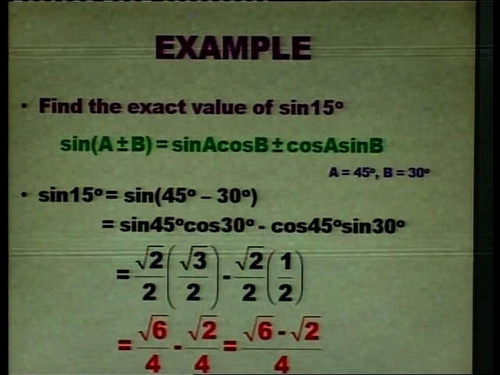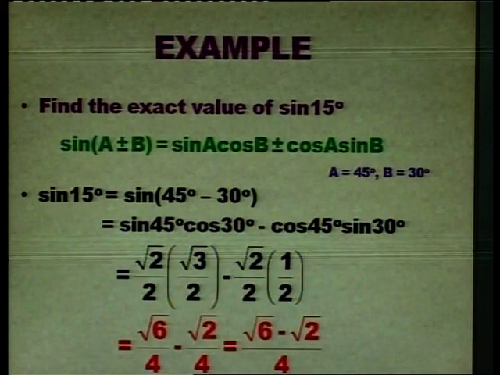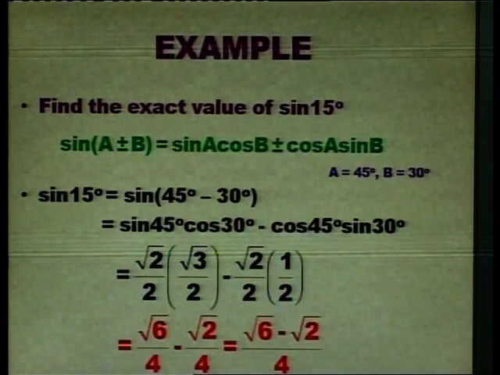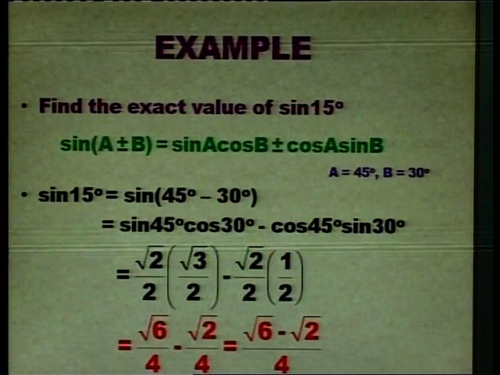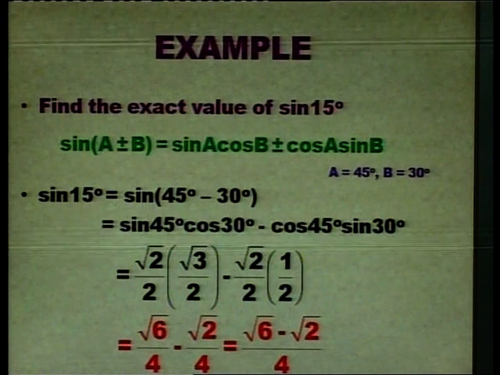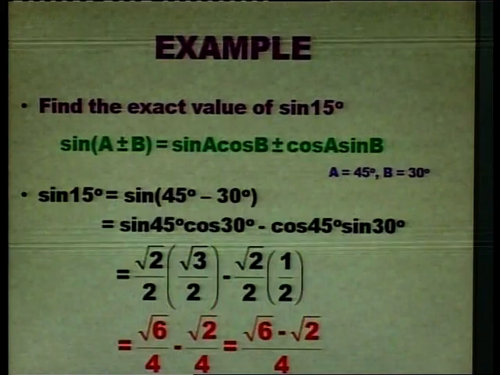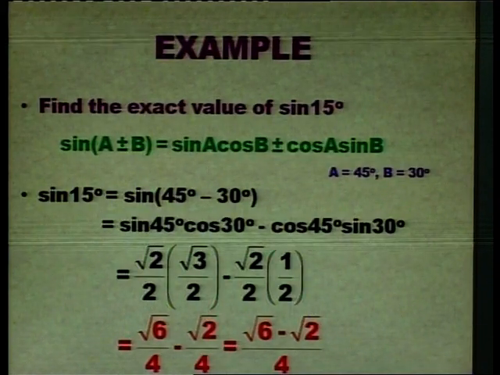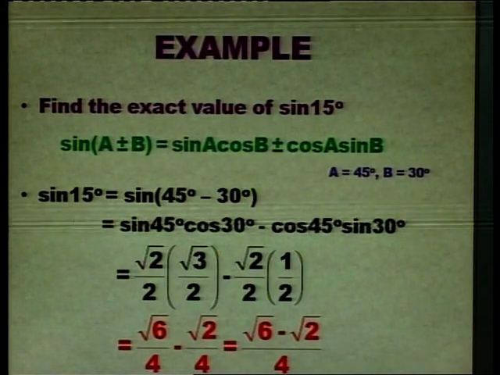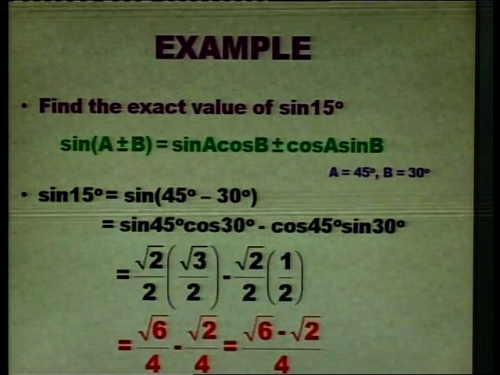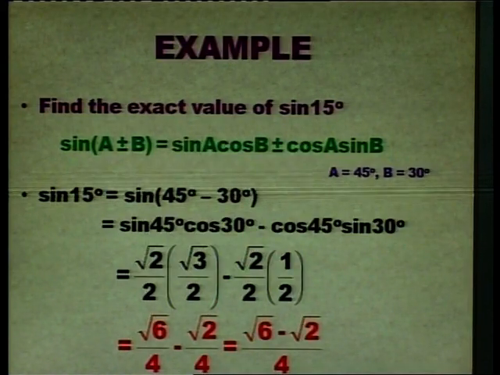Now, let us see what kind of applications we can have using these four formulas. For example, you have to find out the value of sin 15. So, let us recall this formula, sin of a plus minus b is sin a cos b plus minus cos a sin b.